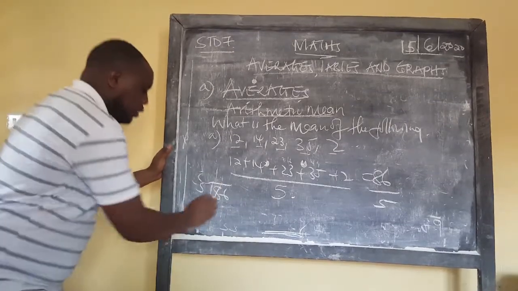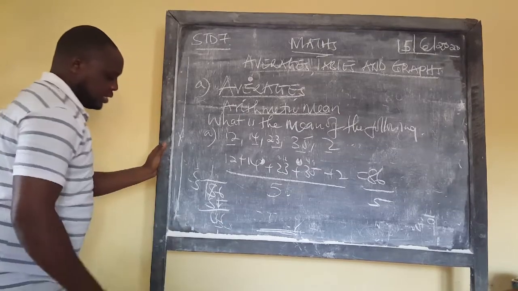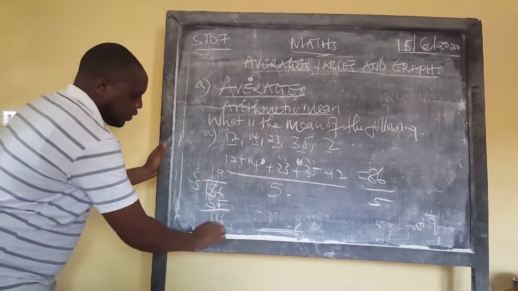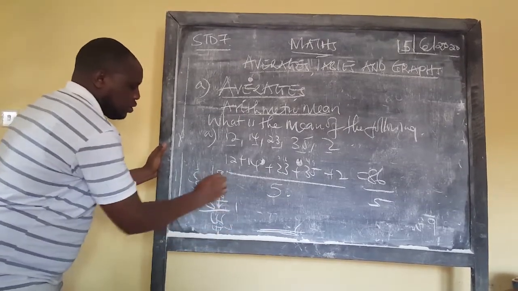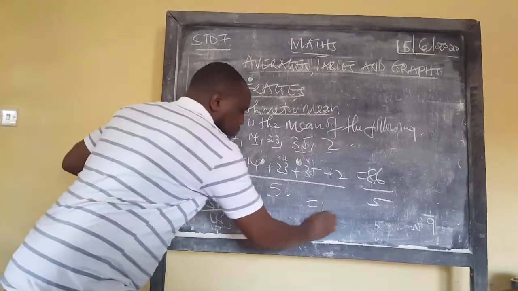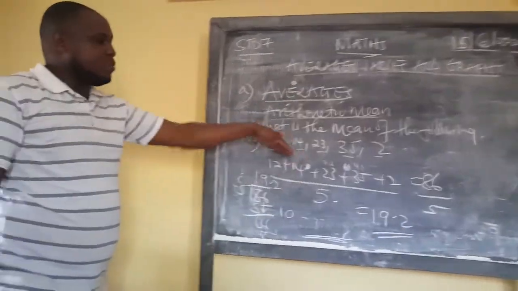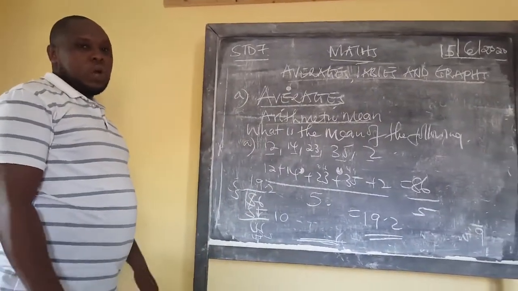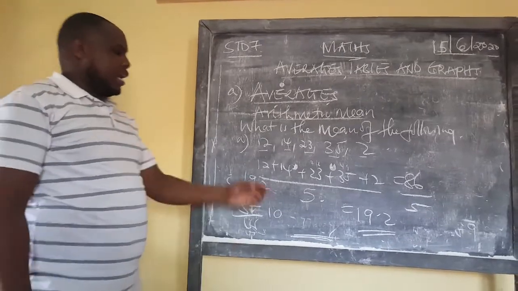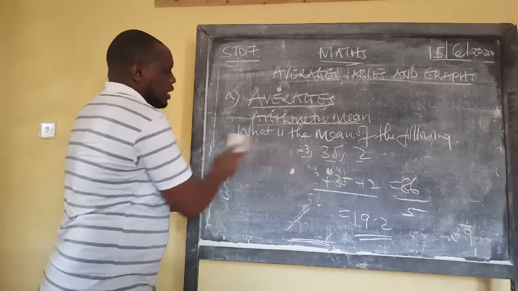One time you get 5, you remain with 4, then you drop your 6, 46, and so on. So the average or the mean will be 17.2. So the average for these items listed here will be 17.2.